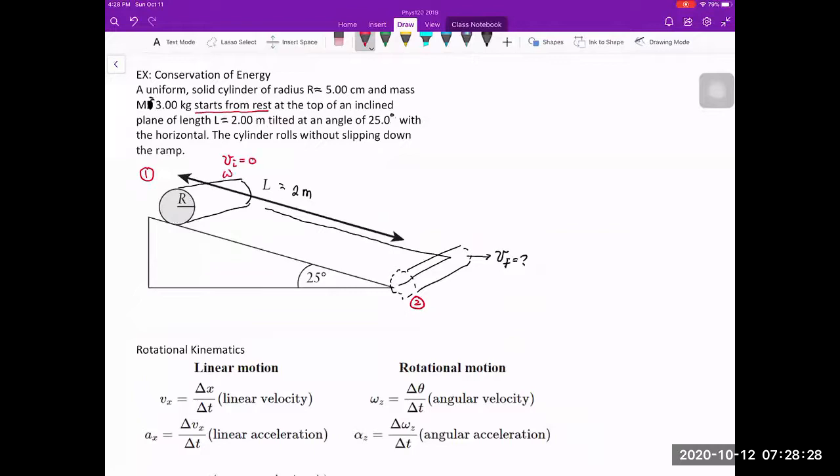What about omega i, the rotational speed at the beginning? It's going to be 0 because it starts at rest. It's not rotating, it's not rolling down. So both of them are equal to 0. And then what about the final? Well, for the final, you're going to have V sub f, and you are also going to have omega f as well.